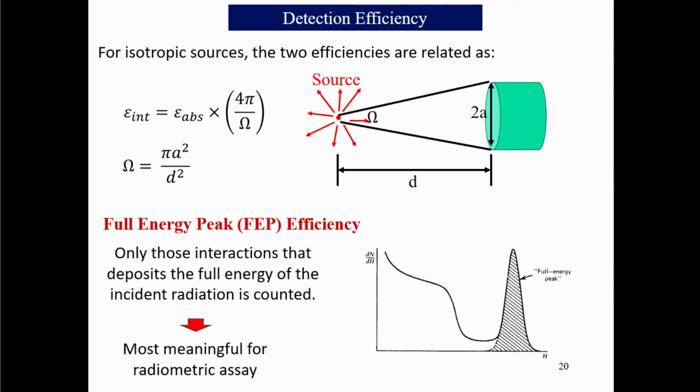Suppose you have a gamma ray of energy E. The pulses generated for the complete E energy deposition form the full energy peak. Only that can be used for quantification. As I wrote, only those interactions that deposit the full energy of the incident radiation are counted, so it is the most meaningful for radiometric assay.